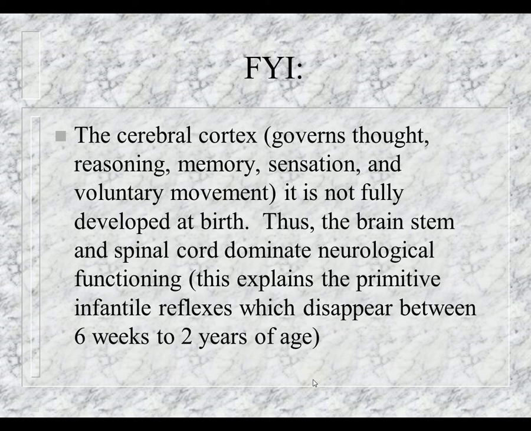The cerebral cortex that governs thought, reasoning, memory is not fully developed at birth. And the big thing is voluntary movement. That's why we don't come out crawling and walking. The brainstem and the spinal cord dominate neurological functioning during this time. Again, that explains the primitive infantile reflexes that start to disappear between 6 weeks and 2 years as the cerebral cortex is maturing.